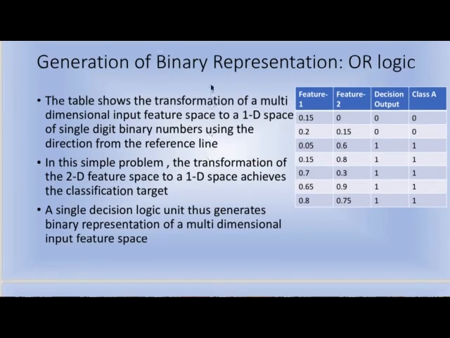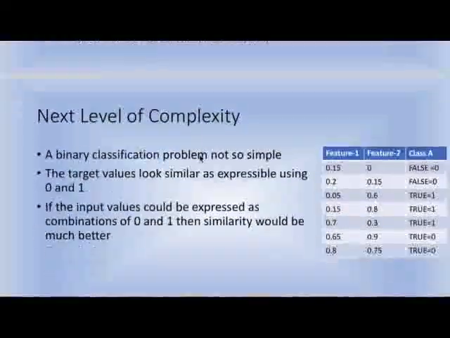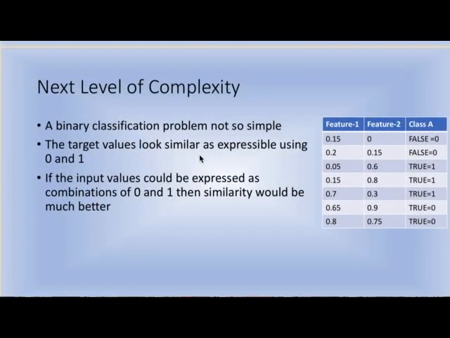Now we move to the case of a problem which is not linearly separable. So what happens here? In this problem, we still have a binary classification problem, but we will see how to solve this problem by transforming it to a binary representation, and that is the most interesting thing here.